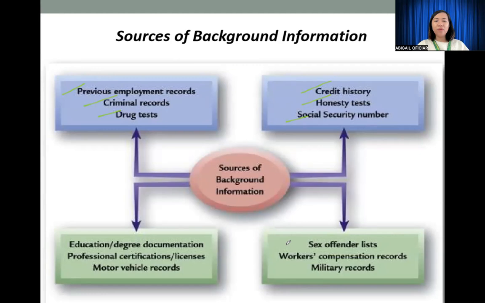I-check din natin kung naging sex offender siya, no? Workers' compensation records also, and military records. And tingnan din natin yung educations, professional certification or licenses, and motor vehicle records. So ito yung mga chine-check natin or possible sources natin when we do background checking.